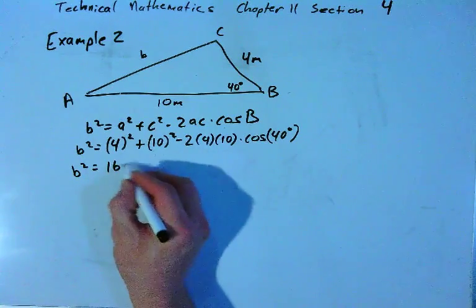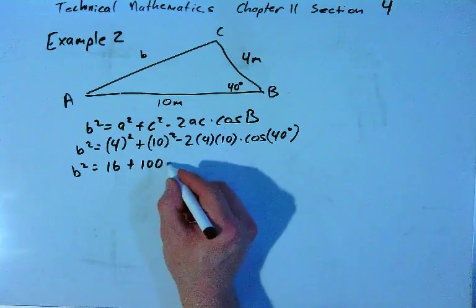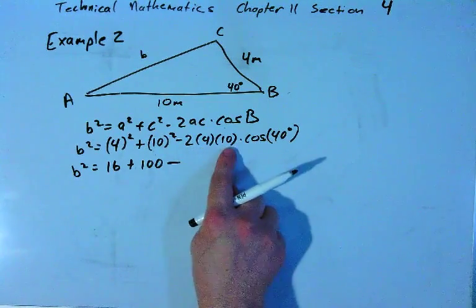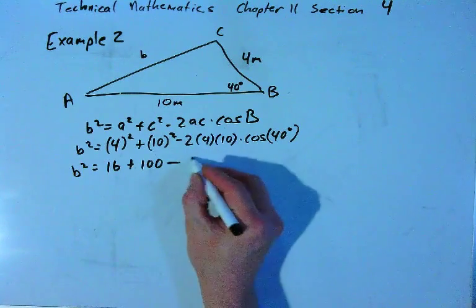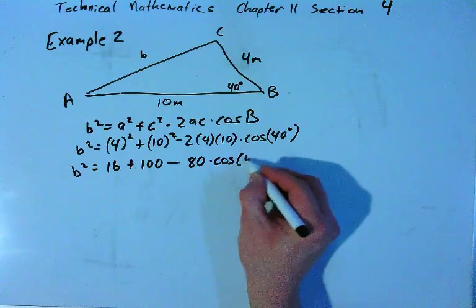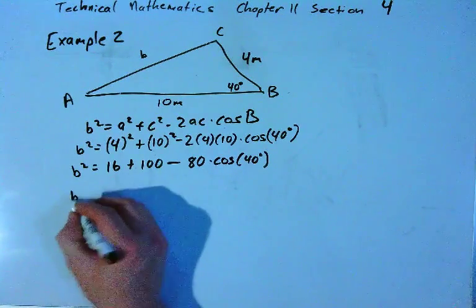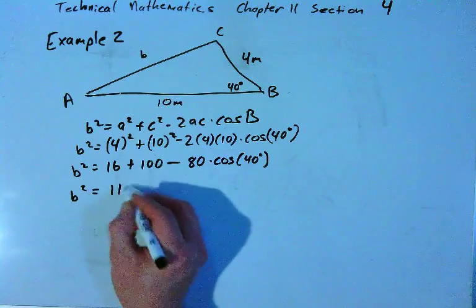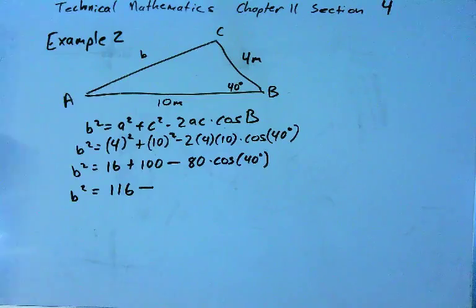4 squared is 16. 10 squared is 100. And we're minusing 2 times 4 times 10. So 2 times 4 is 8, times 10 is 80, times the cosine of 40 degrees. Okay, and so 16 plus 100 is 116. And we're subtracting 80 times the cosine of 40 degrees.